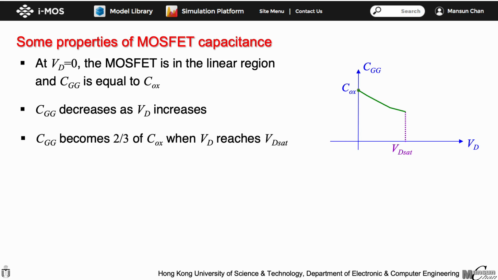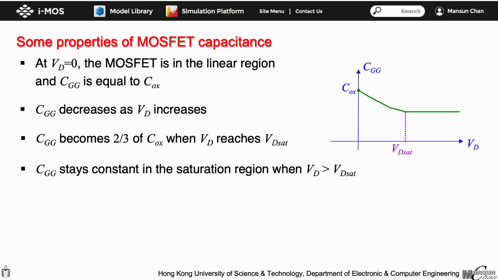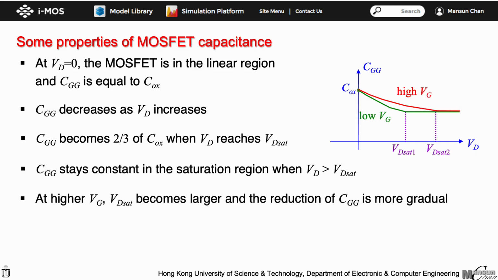And finally, it will reach 2/3 of the initial value when VD becomes VDsat. Then the CGG will stay constant, as shown in the figure here. At higher VG, VDsat becomes larger, and it will take larger VD to reach 2/3 of Cox. The change of CGG with VD will become more gradual.